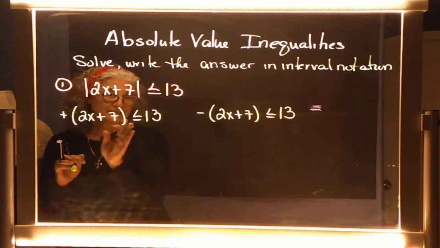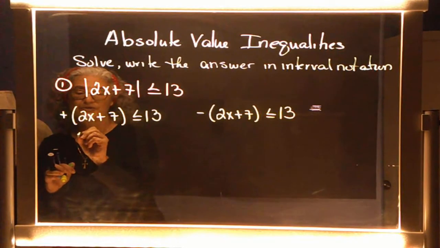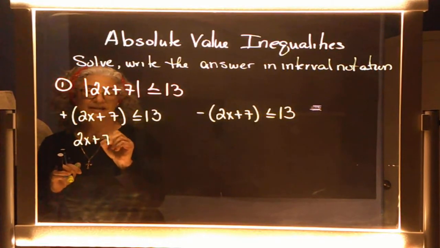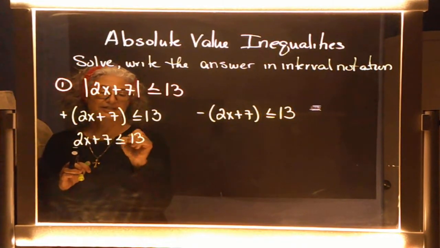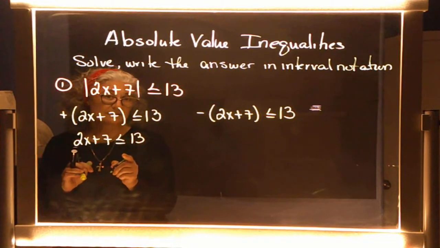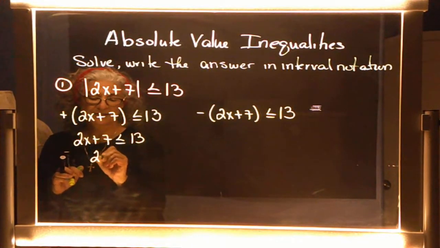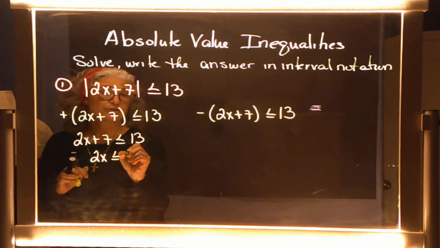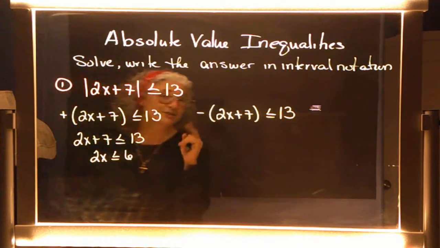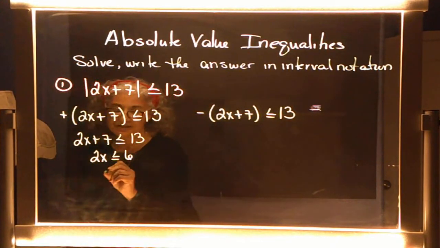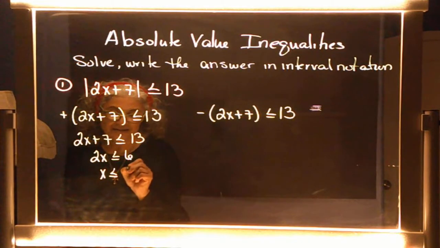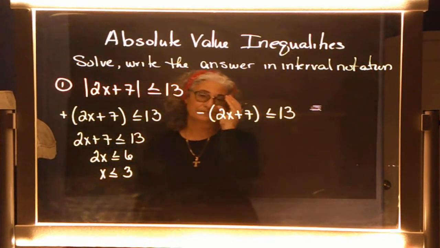Well, the positive sign isn't going to do anything, is it? So I have 2x plus 7 less than or equal to 13. Now what? Good, minus the 7 on both sides. So you have 2x less than or equal to 6. And last but not least, good, divide both sides by 2. You have x less than or equal to 3, don't you?